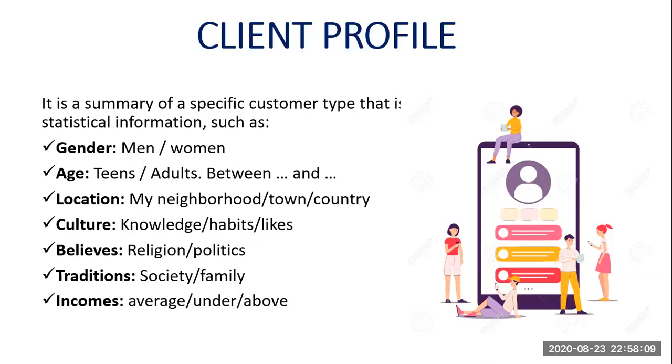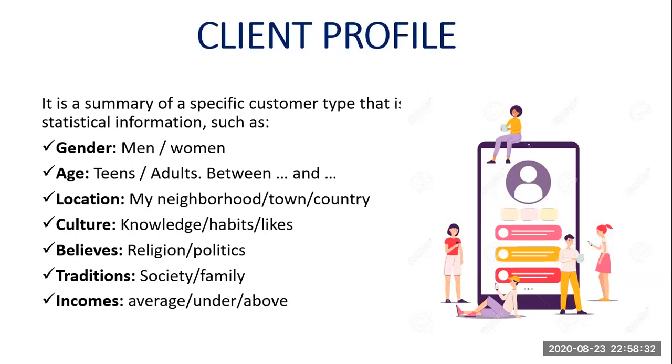If we are talking, for example, about food, it's kind of obvious that it's for men and women. So you can consider both. Then you think about the age. This product is for children, for teenagers, for adults, or for people between this age and this age.